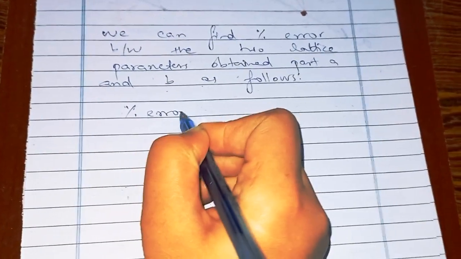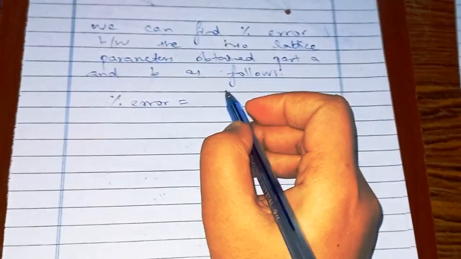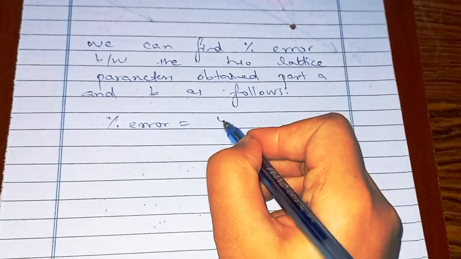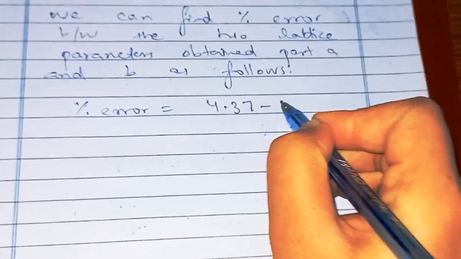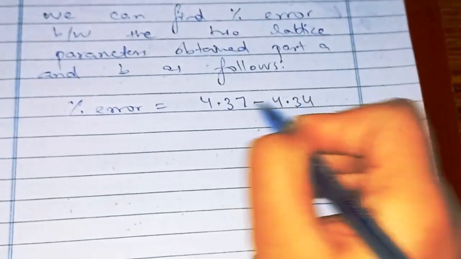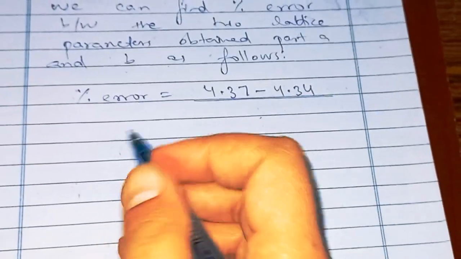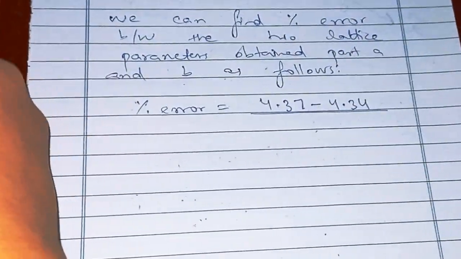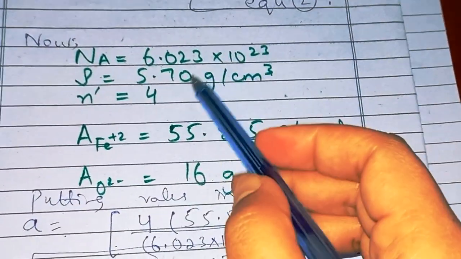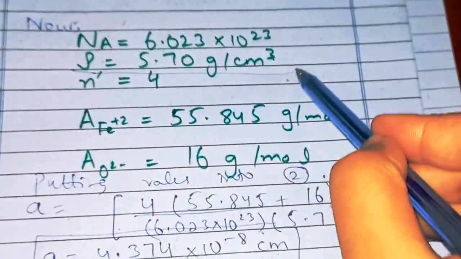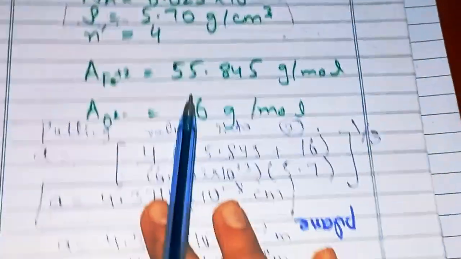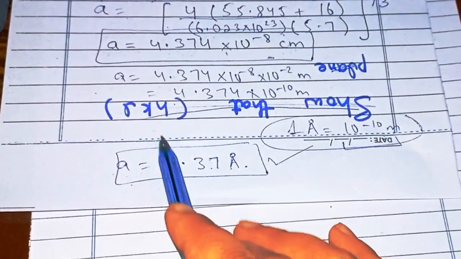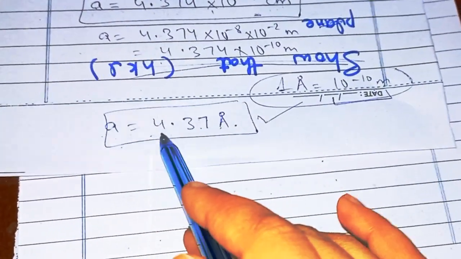Percentage error: we have the greater length first, which is 4.37, minus the smaller length, which is 4.34, divided by the standard value. We always divide by the accurate one, and the accurate one is actually the one calculated from the experimentally determined density. Knowing that, we calculated the lattice parameter, so that is the correct one, and it's 4.37 angstrom.